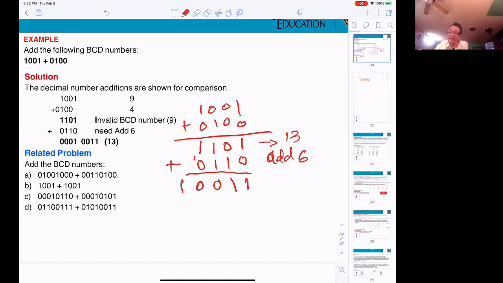So the number here will be number 9. You add it to number 4. You're supposed to get number 13. So now you can see this is number 1. This is 0, 0, 1, 1. So that's why you get 13.